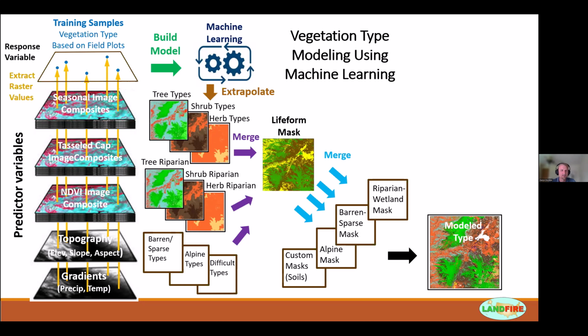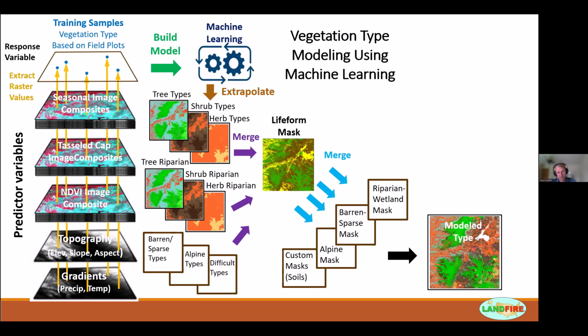We have that same barren and sparse mask that we saw before, used to constrain where our barren and sparse ecological systems fall. We have an alpine mask that was created to zone in on the alpine zone, and that's used for our alpine types.